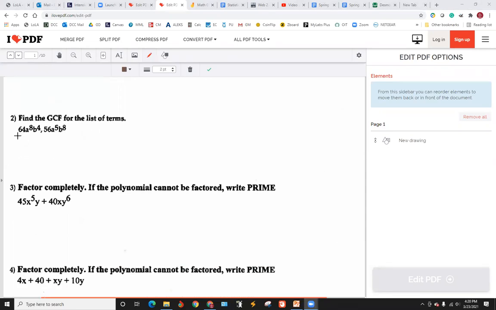Greatest common factor. I think it's 4a5b4, but I'm not sure about the number. Let's see. Is 56 divisible by 4? They might be divisible by 8. Yeah, it's 8. And then you got a to the 5th, so it's going to be the smallest one.